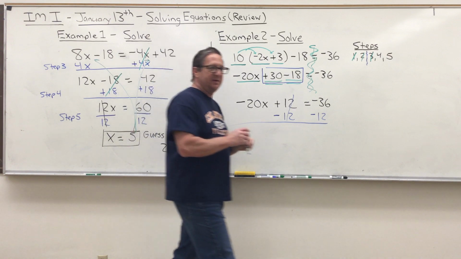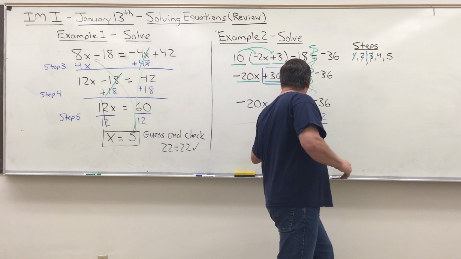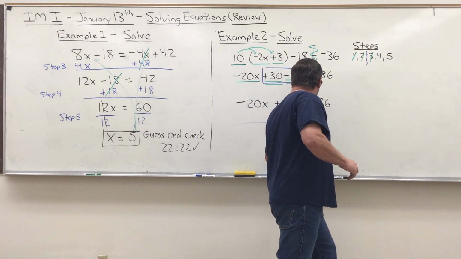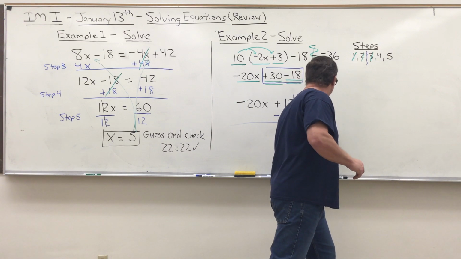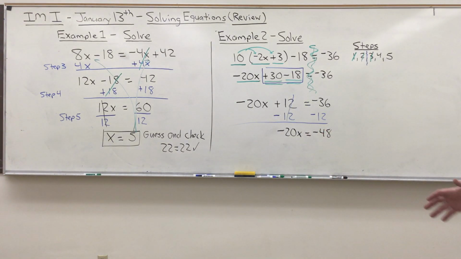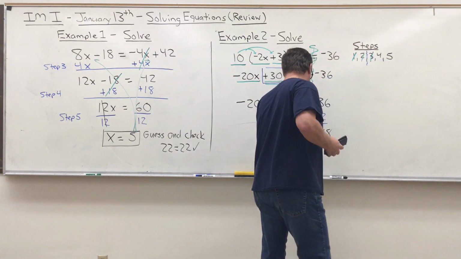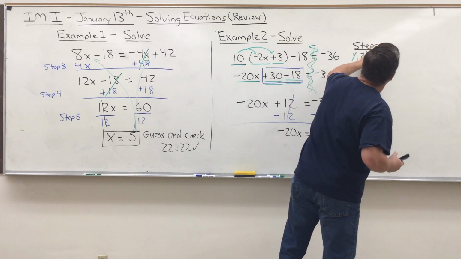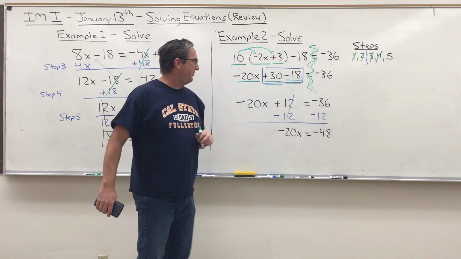All right, keep going with me here. Negative 20x equals negative 48. So there is step 4.